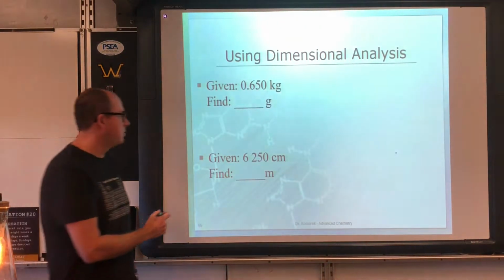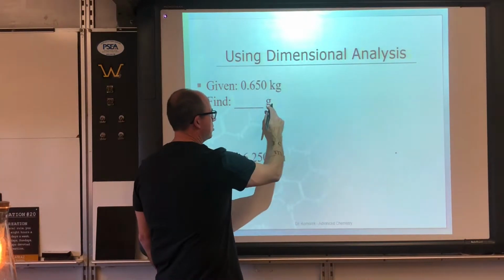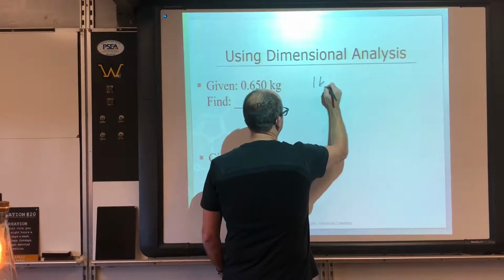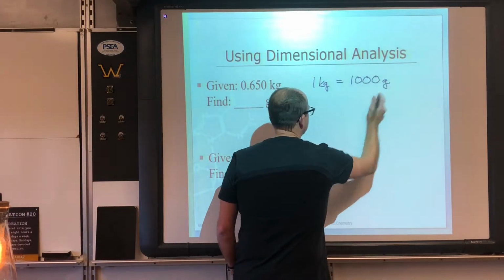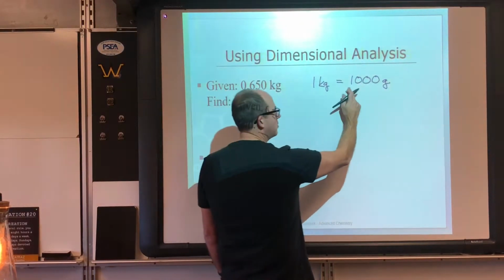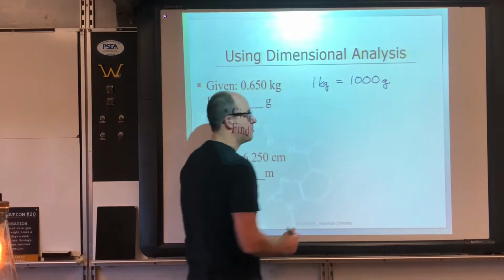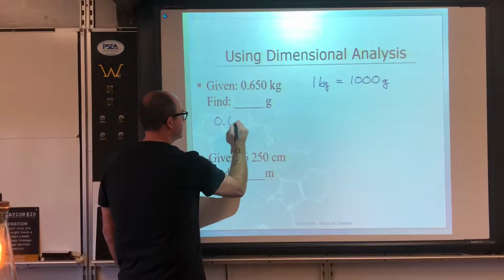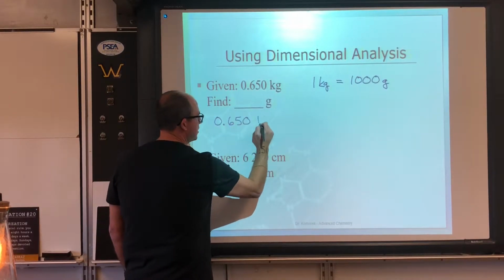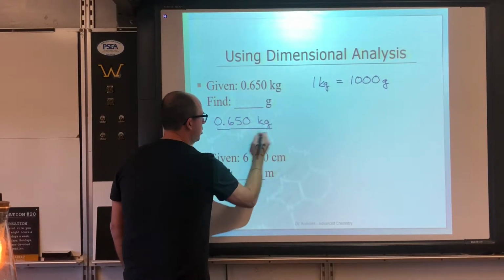A couple more examples that are done similarly. This one is kilograms and grams again, so 1 kilogram is 1,000 grams. 1 goes in front of the prefix. Whatever the multiplier is, we put that in front of the base, which is 1,000 here. Setting this up as 0.650 kilograms over 1.